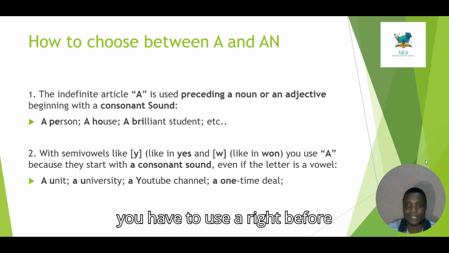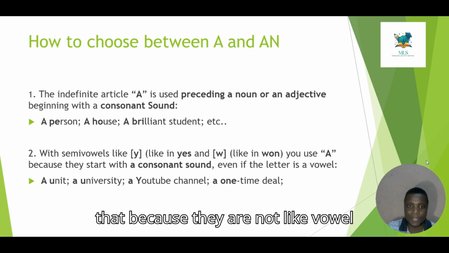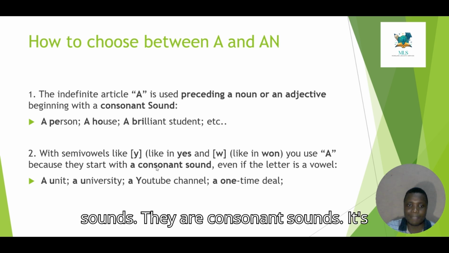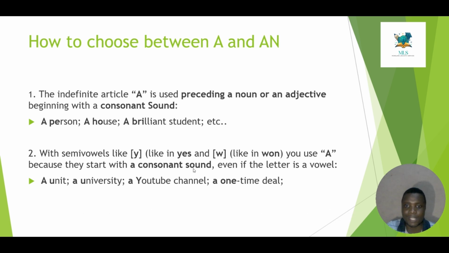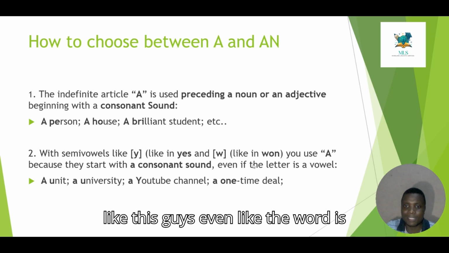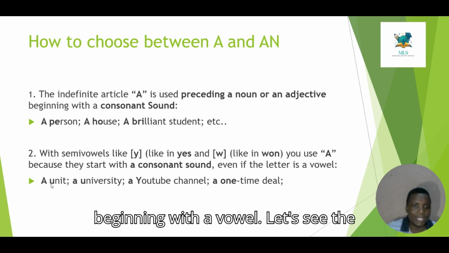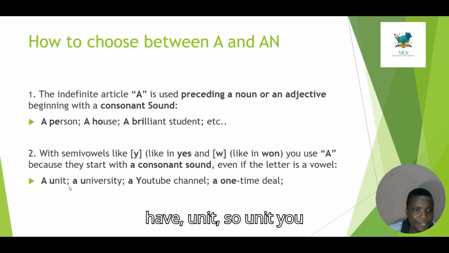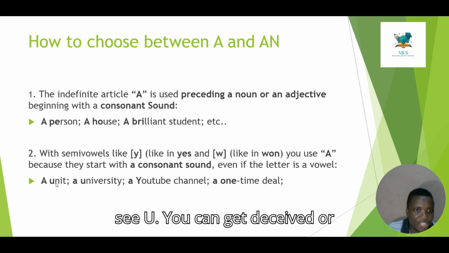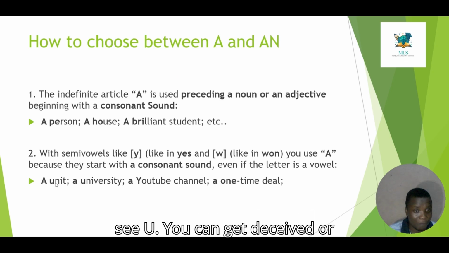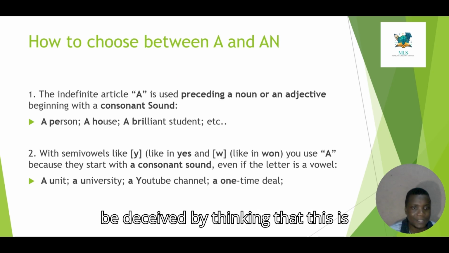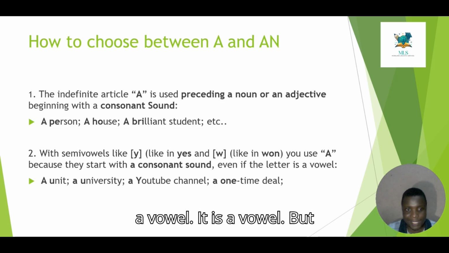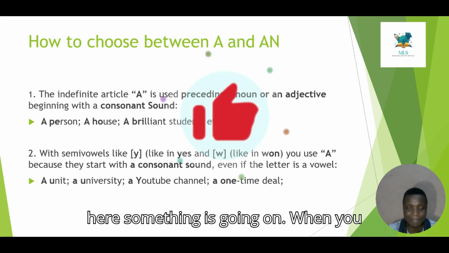So you have to use A before those, because they are not vowel sounds, they are consonant sounds. Even with letters beginning with a vowel. Let's see the examples. You have "unit". You see the U and you can be deceived into thinking this is a vowel. It is a vowel letter, but here something is going on.